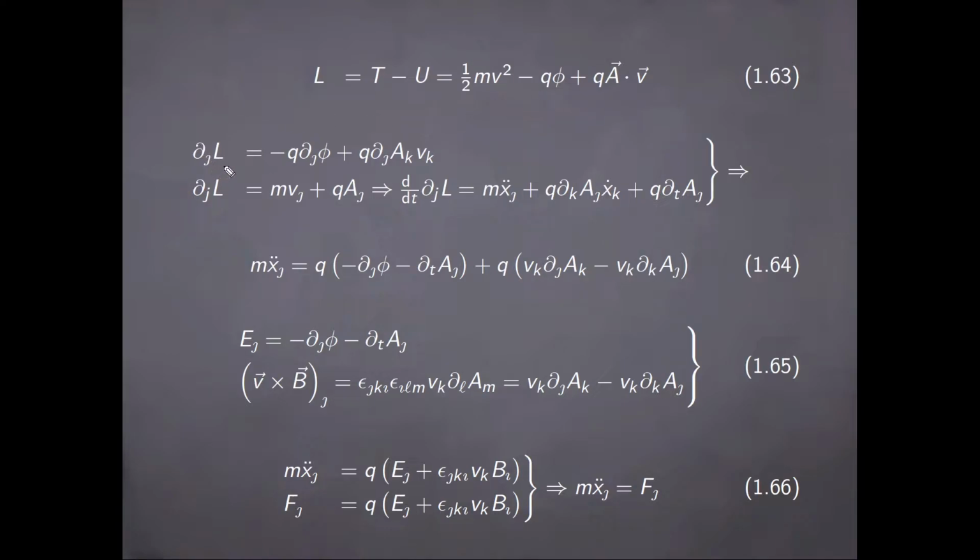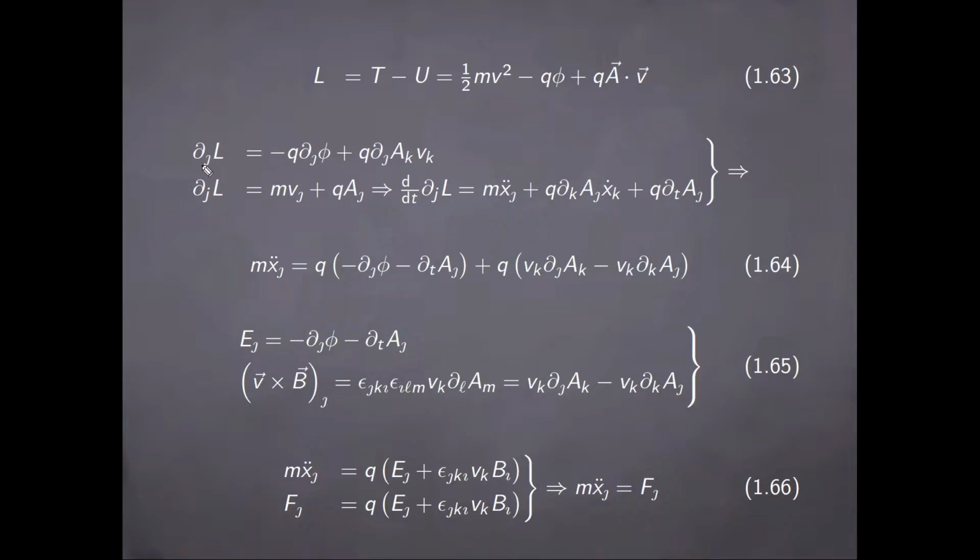And now in order to construct the Lagrange equations, I'm going to employ a few shorthand notations. The partial derivative symbol with a letter index with no dot above means that I'm taking the partial derivative with respect to the j Cartesian coordinate.